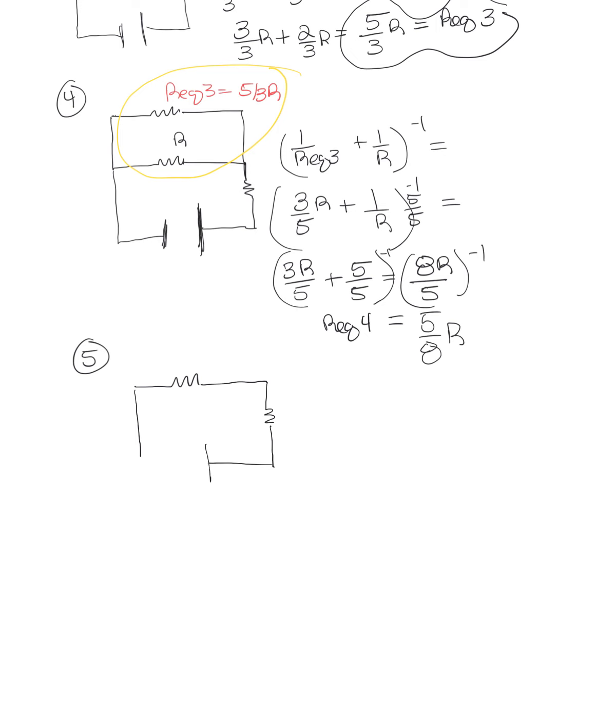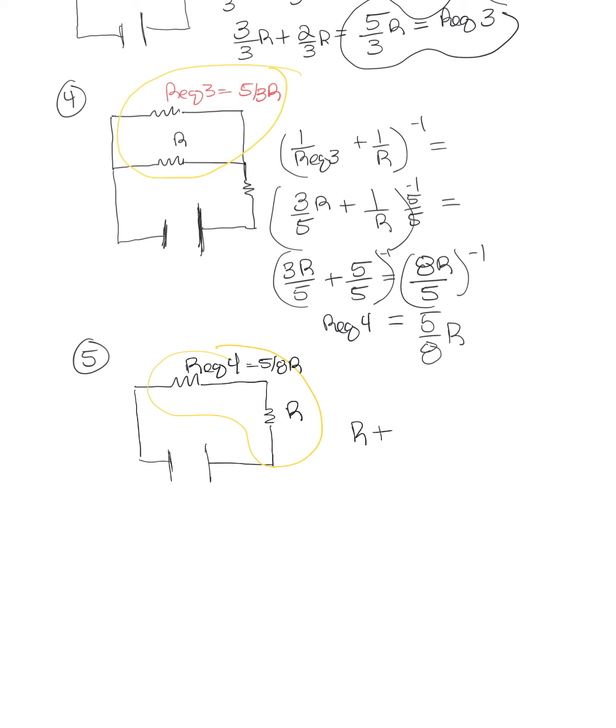And so now we're down to a very manageable chunk, which is just these two. We are going to add these, which this one has an equivalent resistance of 5R/8, and this one has a resistance of R. So we're going to add these linearly.